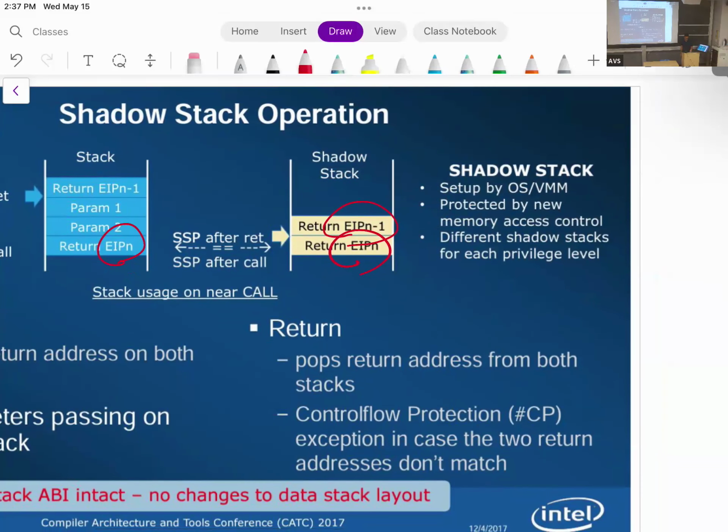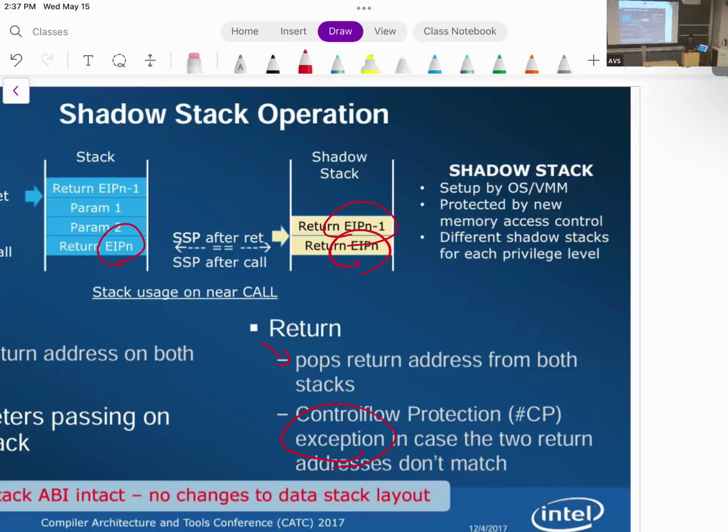We pop from both stacks, and then see if these two values are the same. If they are the same, we execute. If they're not the same, we issue an exception, and then the processor will take over.